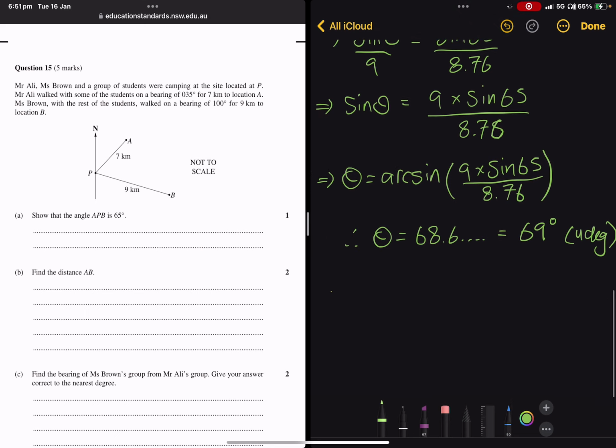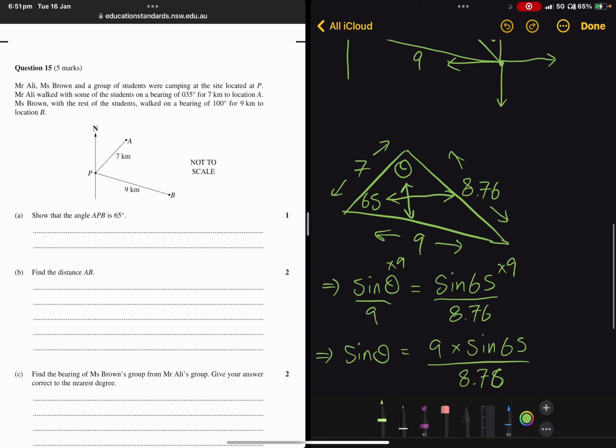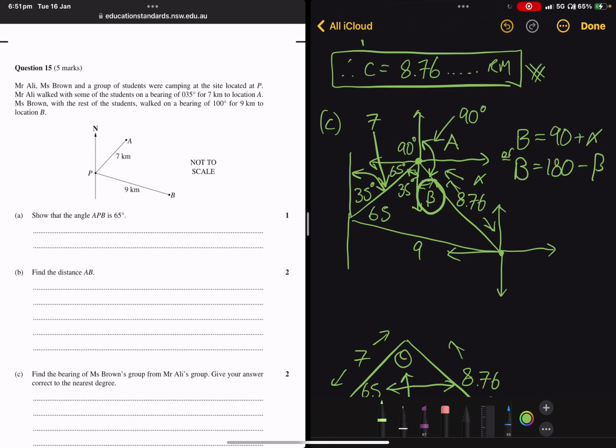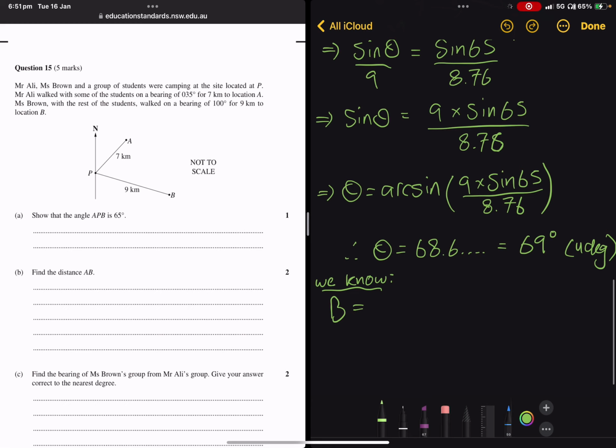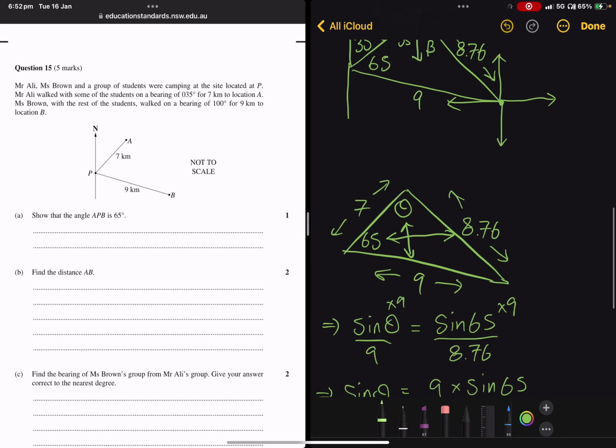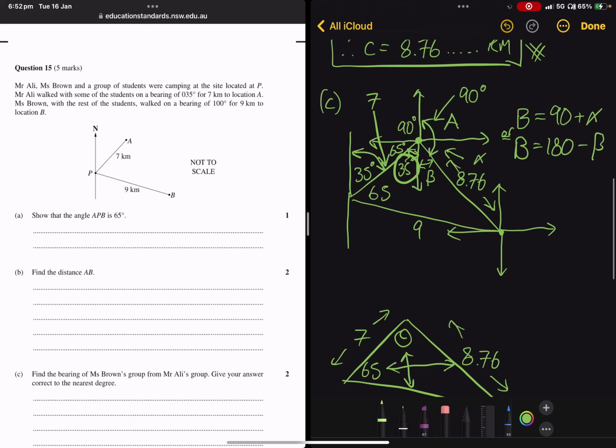Now the bearing from earlier in the question, we established much earlier, is 180 minus beta, where beta was this little angle in here. But we know that beta is equal to the full angle, 69, minus 35, because there is a 35-degree angle over here, a beta angle over here.